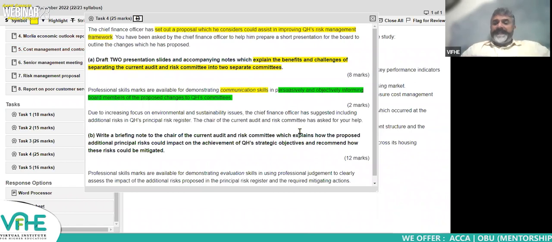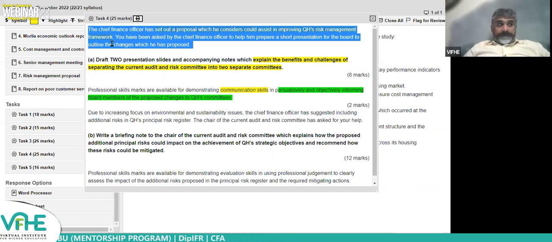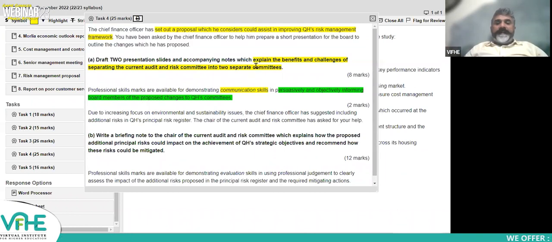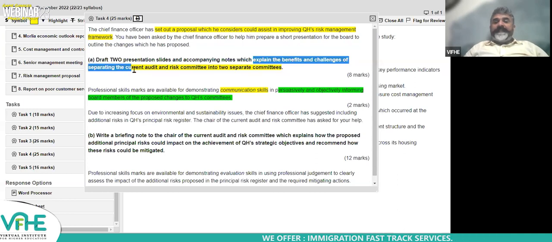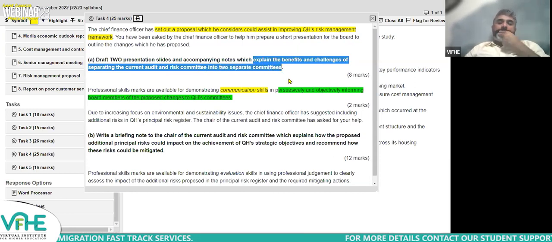Okay, so I think it's pretty straightforward. The background says that the CFO has made a proposal to improve the risk management framework. And the technical requirement is to explain the benefits and challenges of separating the current audit and risk committee into two separate committees.